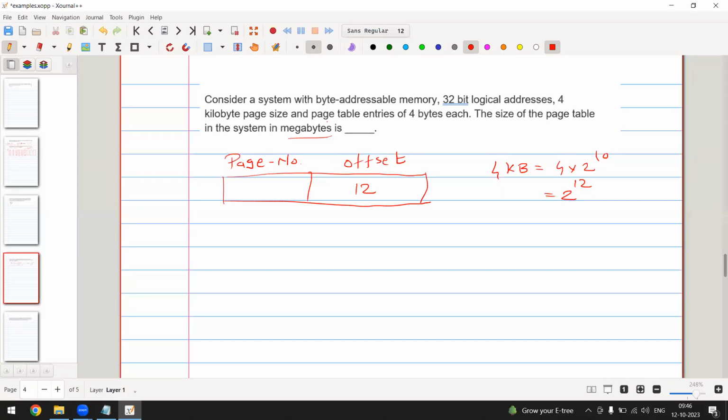So I can say that 20 bits are used for page number. Now we have to find the page table size. So what is page table size?